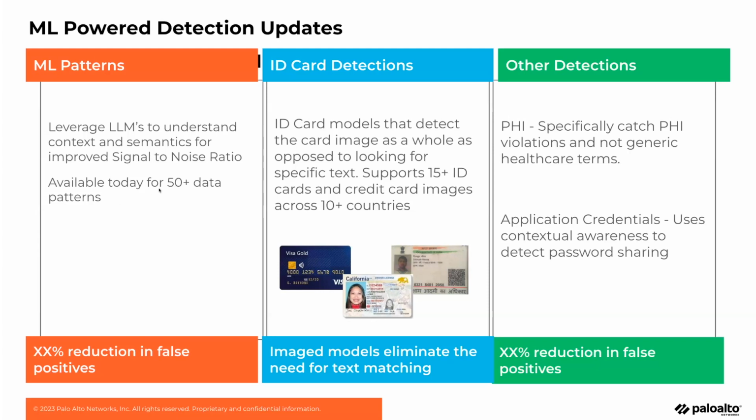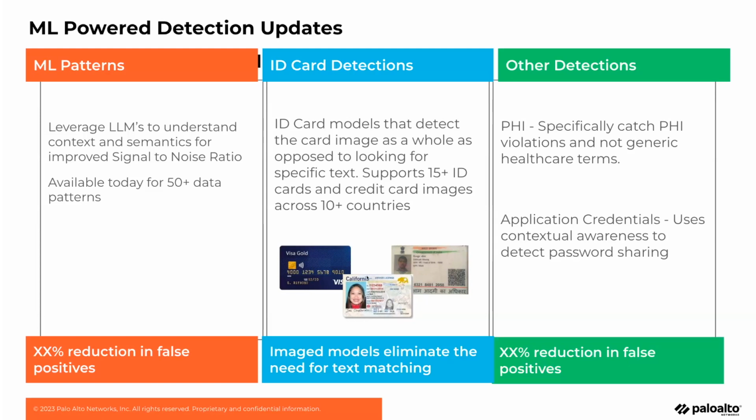Noise means false positive, signal means the true detection that you're looking for. So it has led to about double digit, and I cannot specify the exact percentages, but in some cases it's as high as 80% reduction in false positives. This, by the way, is available today for 50 data patterns out of the box, all customers. So really great accomplishment from our side.